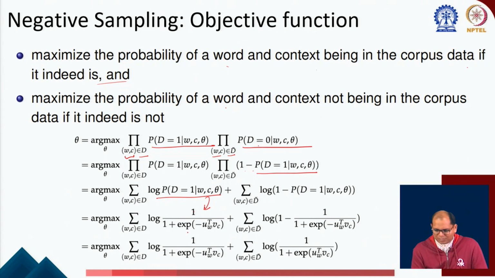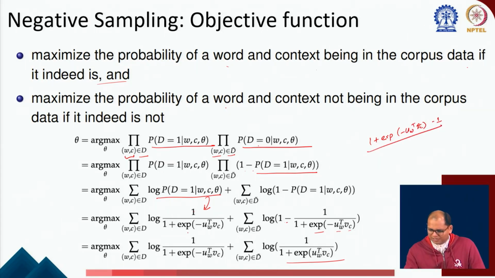This is 1 upon 1 plus exponent minus U_W transpose V_C, and this is 1 minus 1 upon 1 plus exponent minus U_W transpose V_C. And 1 minus this will become 1 plus exponent minus U_W transpose V_C minus 1, divided by 1 plus exponent minus U_W transpose V_C.